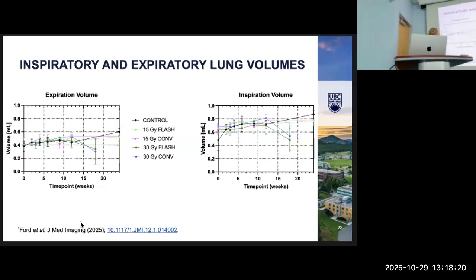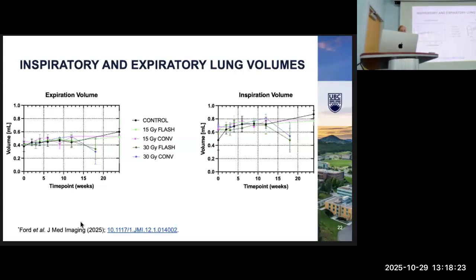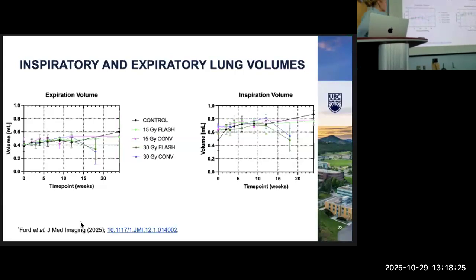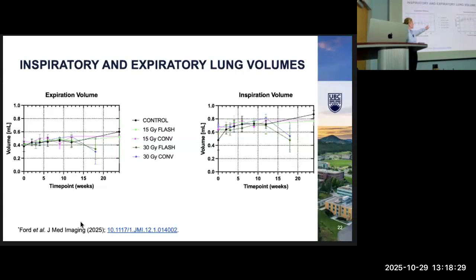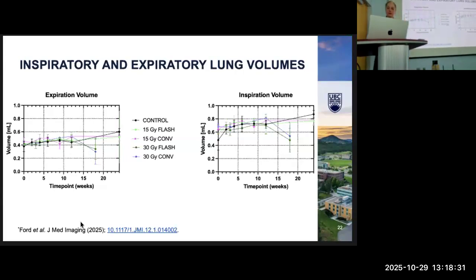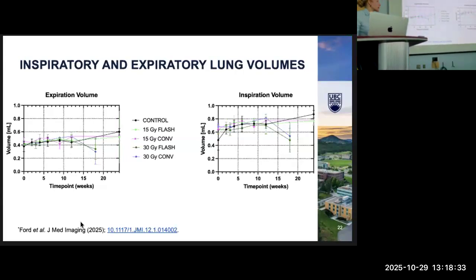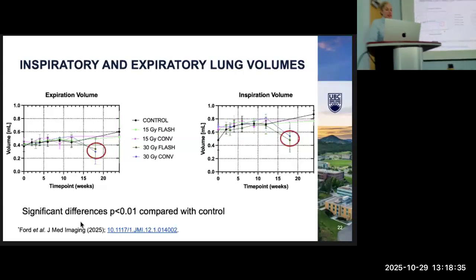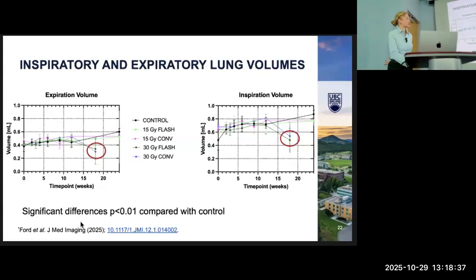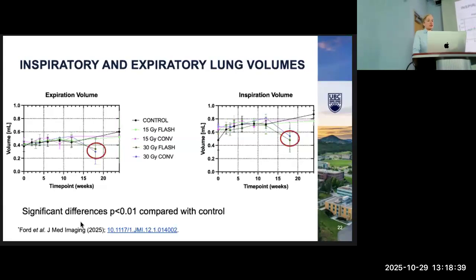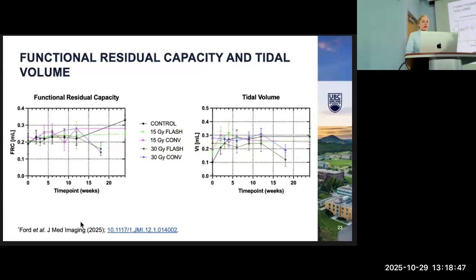You can see we have a little bit of an upward trend, and then it kind of flattens out. But at the very end, our 30 gray animals showed a drop-off for both inspiratory and expiratory volume. And these were significantly different from the control animals. So we can see that there is a loss of function here. The animals weren't able to breathe as much air in to their lungs.